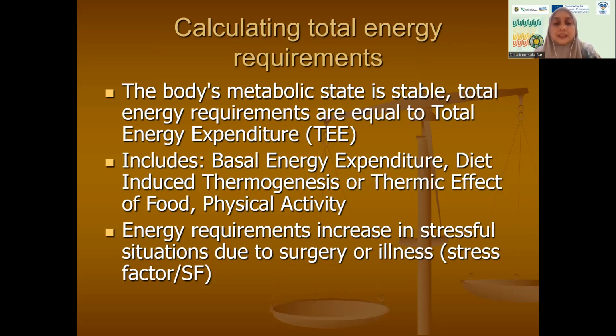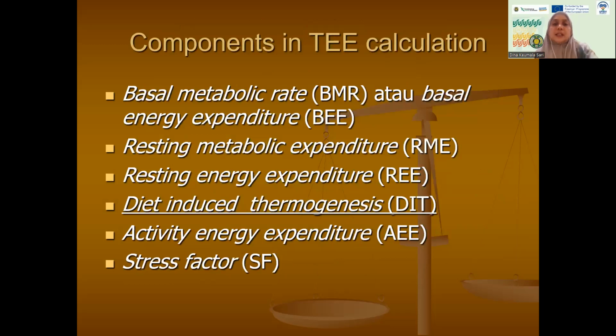The energy requirement will increase in a stressful situation due to surgery or illness. The components in the TEE calculation are: basal metabolic rate, also called basal energy expenditure, resting metabolic expenditure, or resting energy expenditure, which are actually all the same term; second, diet-induced thermogenesis; third, activity energy expenditure, AEE; and last, stress factor.